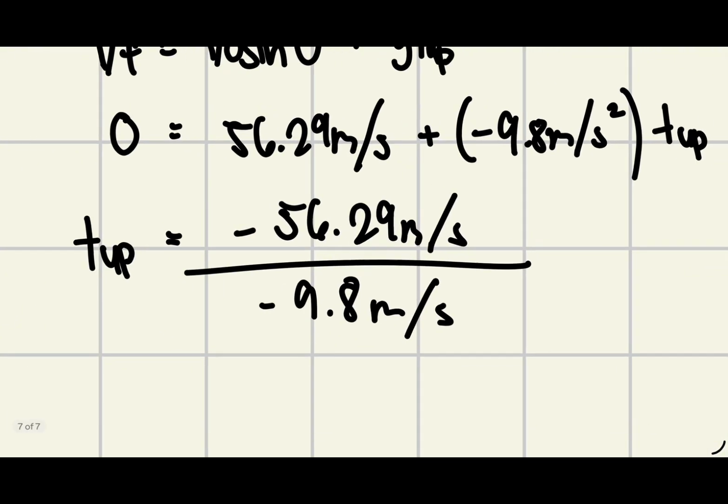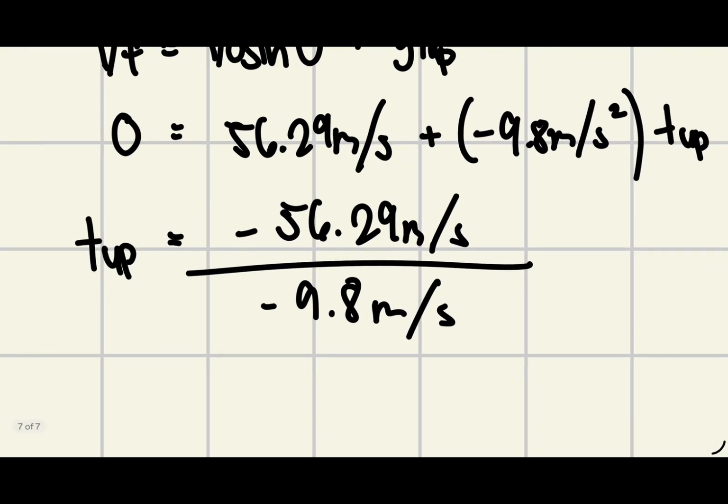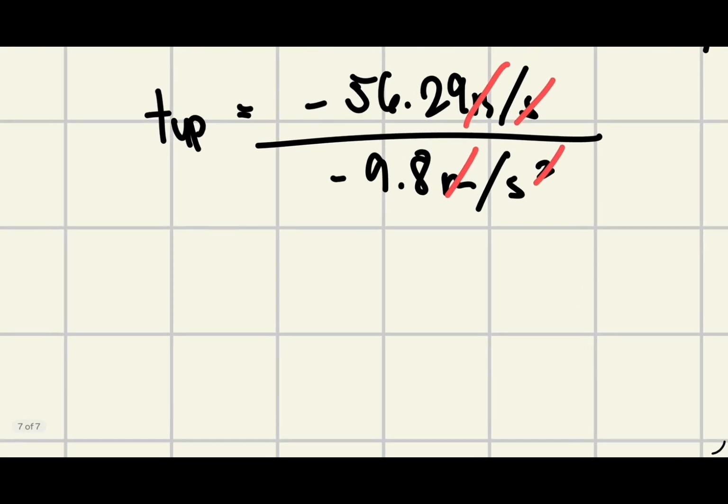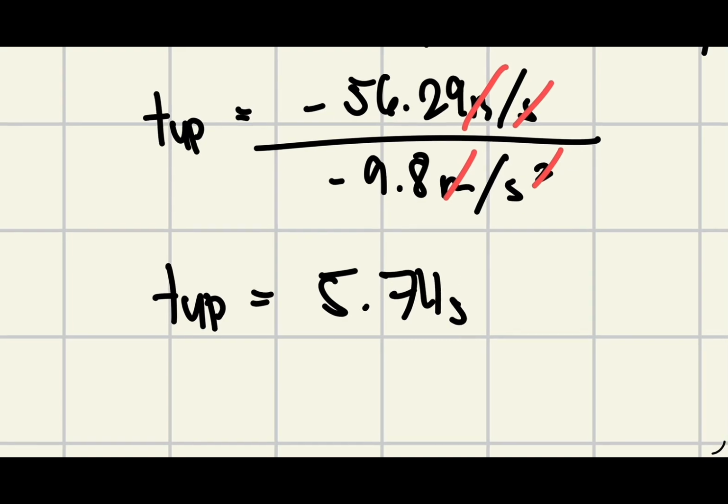Then we cancel our units, meters cancel, seconds cancel here, square root of the seconds cancel here, and then we are left with the time going up is equal to 5.74 seconds. And now we are not done yet, as this is only the time going up.